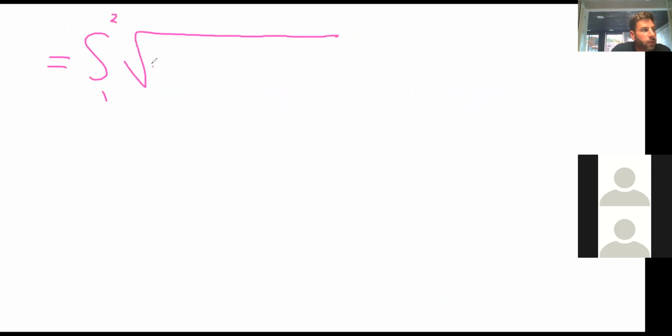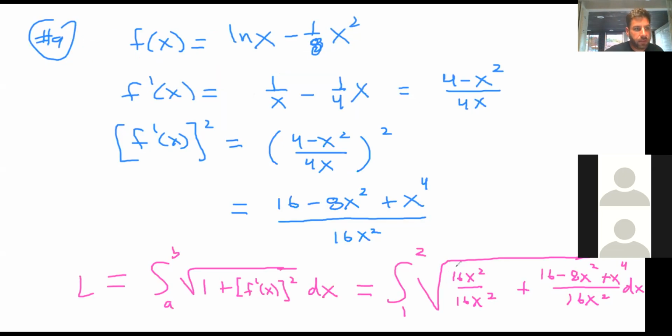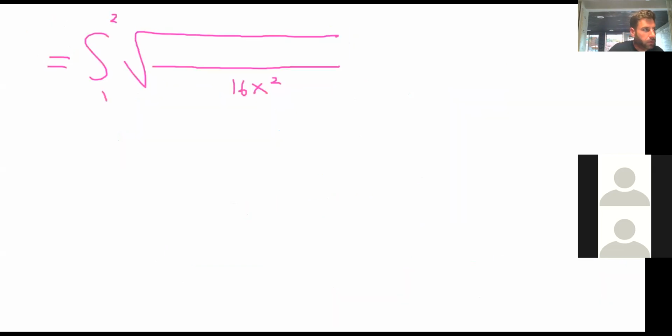Now the denominator is going to stay the same. That's just 16x squared. But upstairs, if I jump back for a second, I have this 16 here as an x squared, and this is minus 8x squared. So I can combine those, and that means the numerator becomes 16 plus 8x squared plus x to the 4th dx.